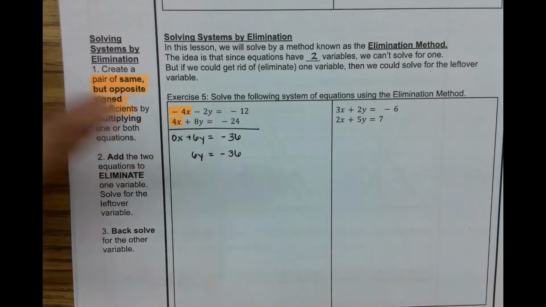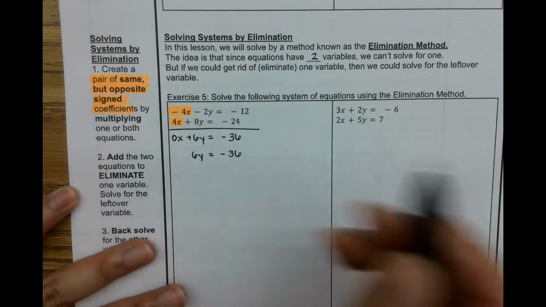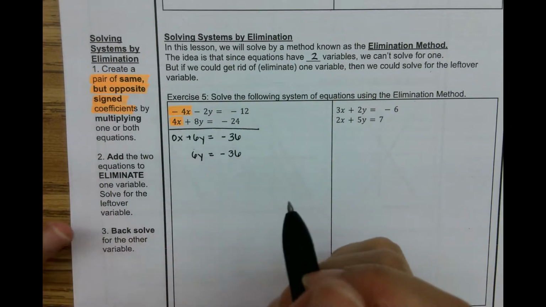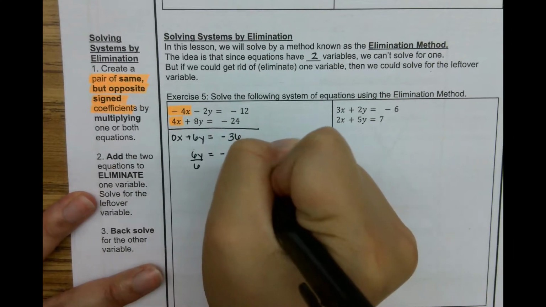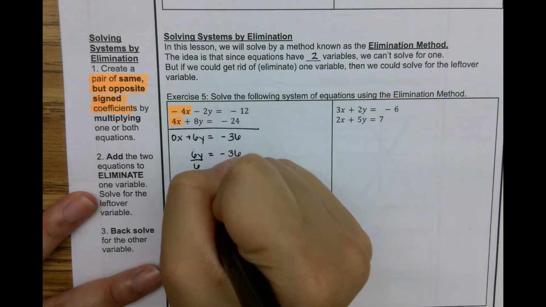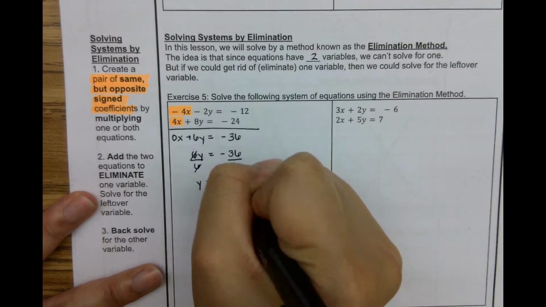Then all I have to do is get rid of the times 6 by dividing by 6. So I'm going to divide by 6 on both sides. And then here I have y equals negative 36 divided by 6, which is negative 6.